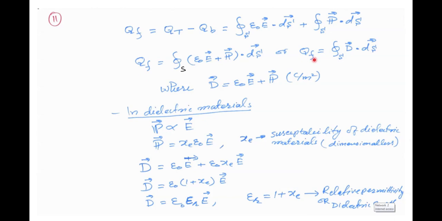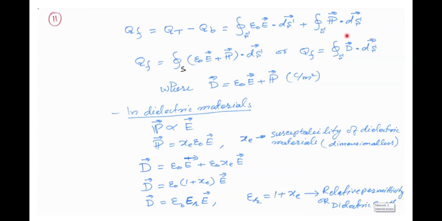Here q sub f represents the free charges, that is the total number of free charges enclosed by the dielectric space, which is equal to the surface integration of the D field in the dielectric material dot ds, the incremental surface area.